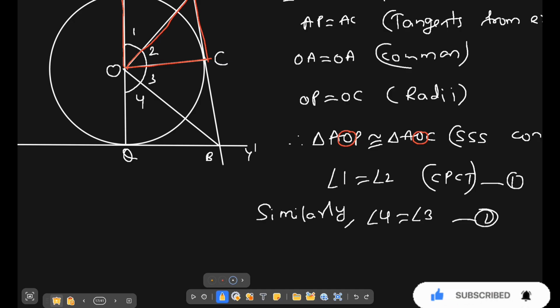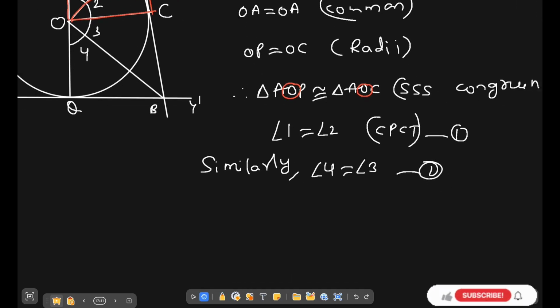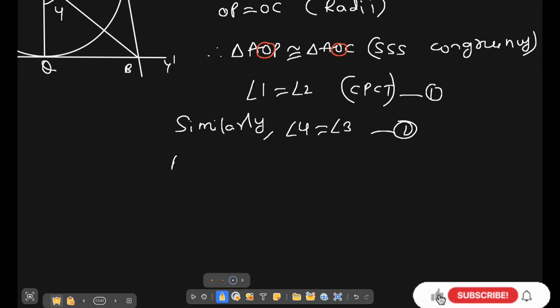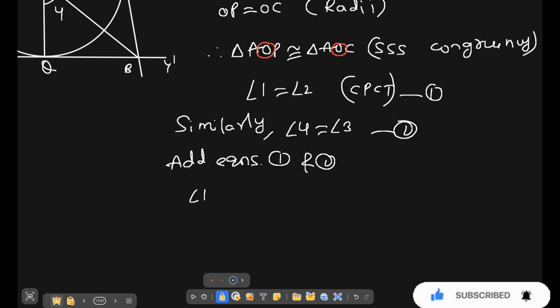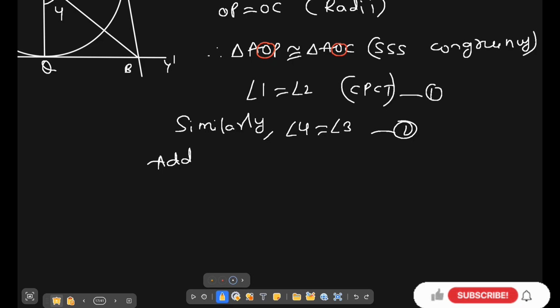Now add all the angles. Angle 1, angle 2, angle 3 and angle 4.